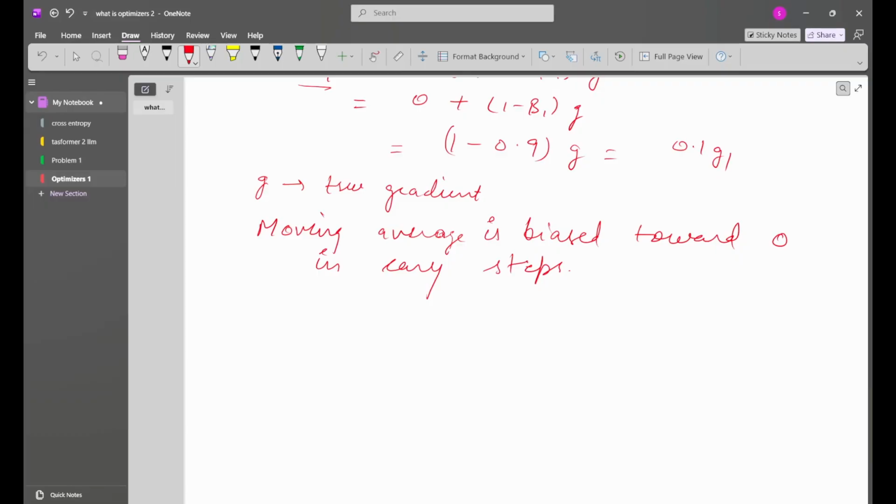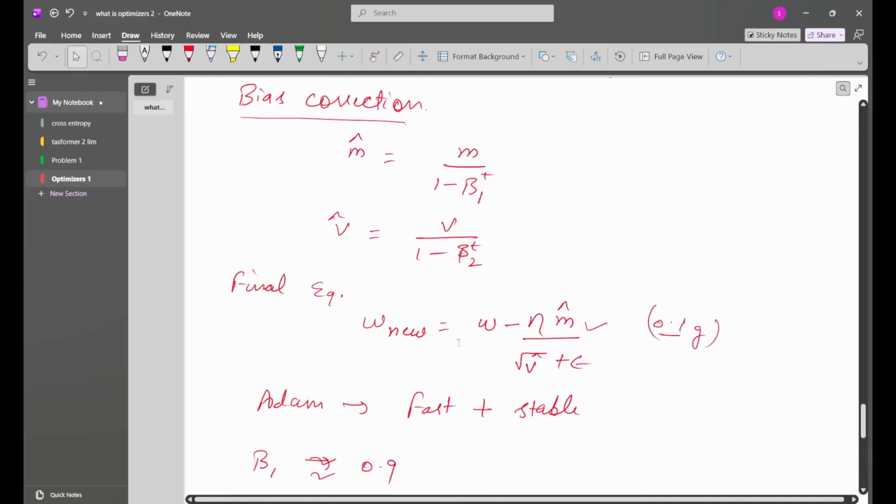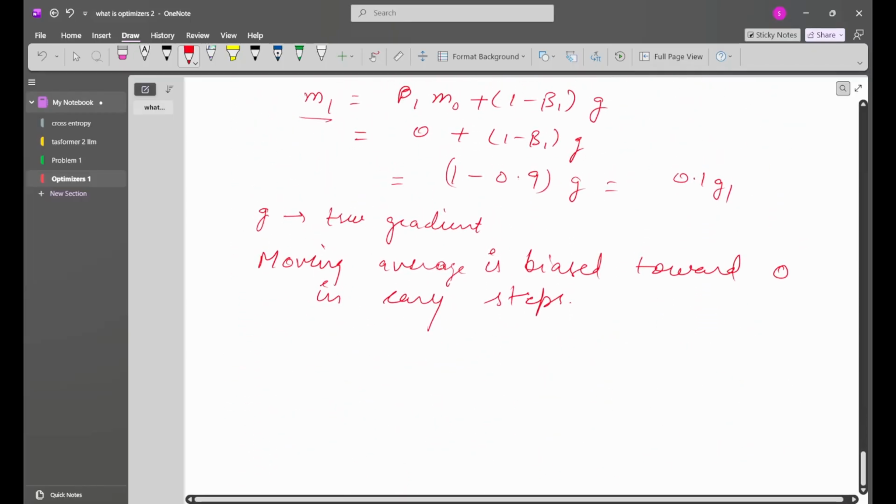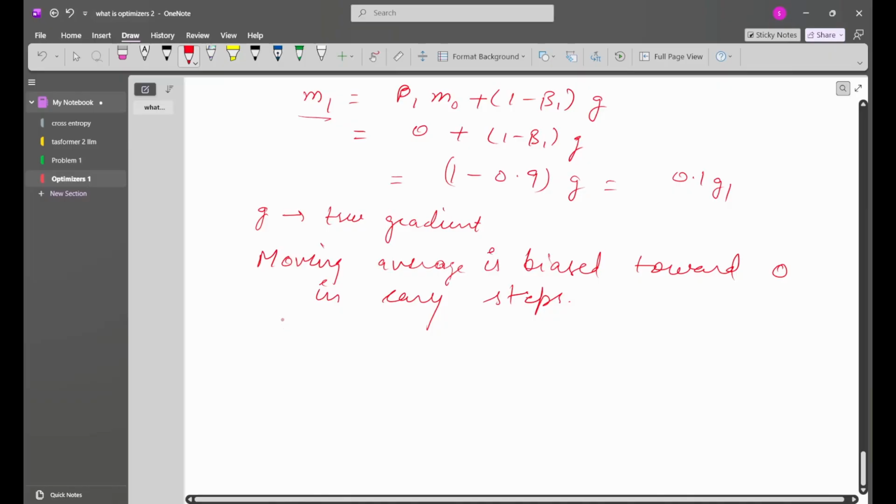This removes the zero initialization bias. And you must be thinking, why are we dividing by 1 minus beta to the power t? So let's understand the why part of 1 minus beta to the power t. Understand the intuition.